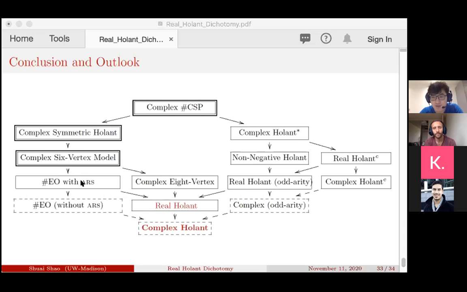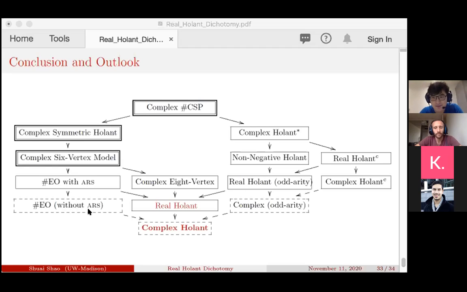So there is a one-to-one correspondence between counting orientations with arrow reversal symmetry and a special class of real valued Holant problems. Basically, real values correspond to this arrow reversal symmetry after a holographic transformation. But for complex values, you have problems that do not satisfy this arrow reversal symmetry.